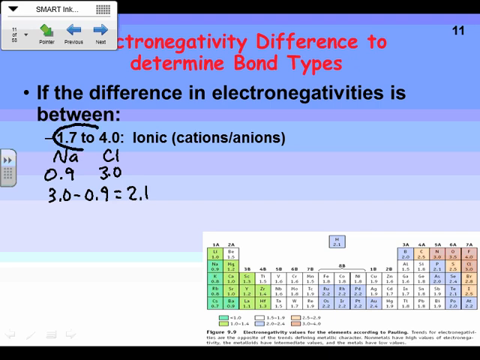And that is definitely in this range. So 2.1, because there's a big difference in electronegativity, what that means is the chlorine is going to pull electrons to itself a lot harder than the sodium. In fact, so much so that the chlorine just ends up taking the electron from the sodium. So that's basically what happens there, okay?